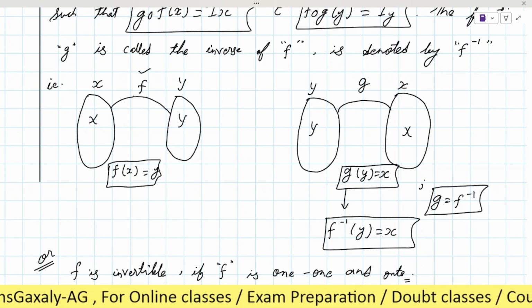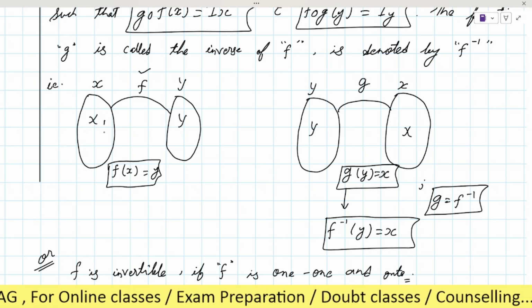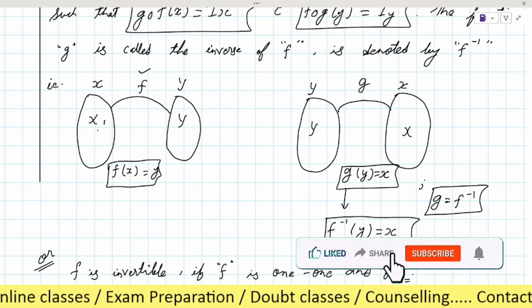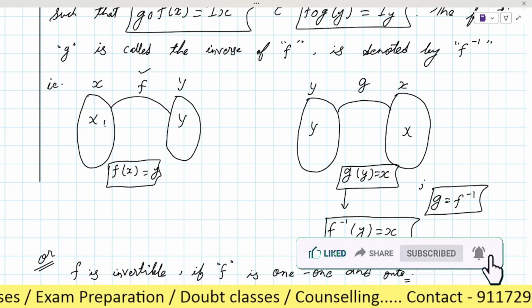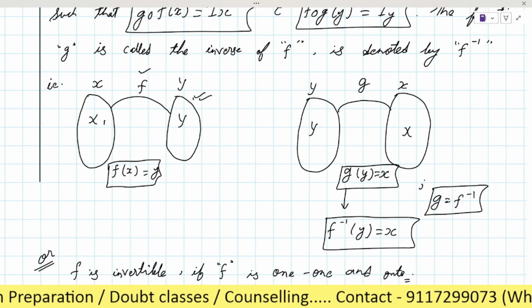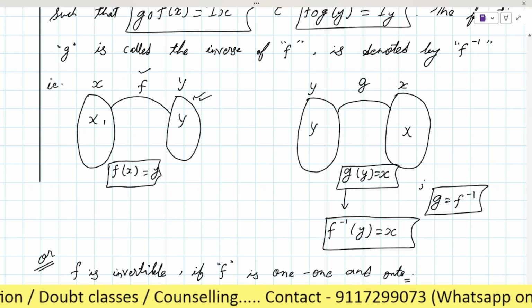When f is one-one, suppose the set X has total 3 elements 1, 2, 3, and all three elements have their own image in set Y. Then we can say that f is a one-one function.